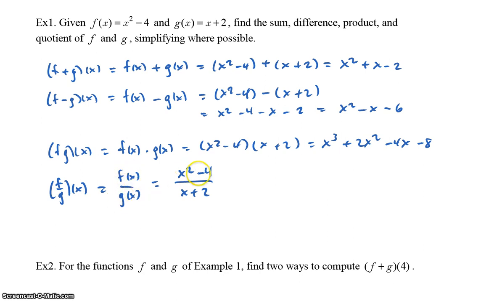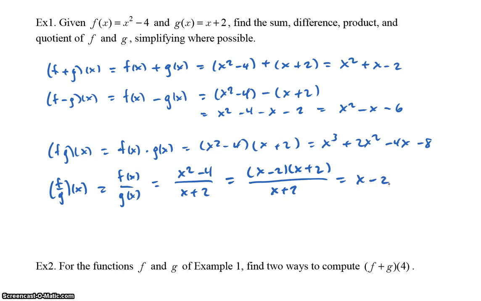Now we could leave it in this form, but we could also simplify it because x squared minus 4 is a difference of squares. It's x minus 2 times x plus 2 divided by x plus 2. We have a common factor of x plus 2, so that gives us x minus 2.